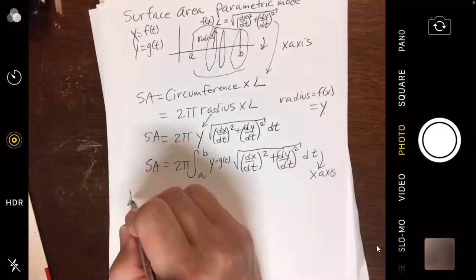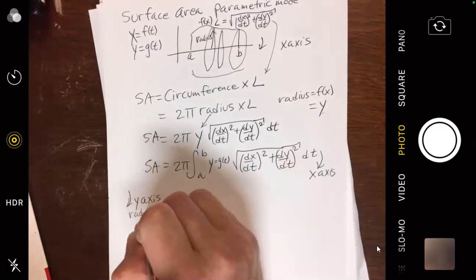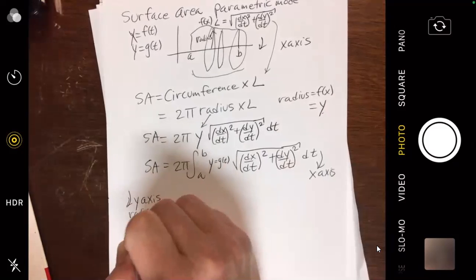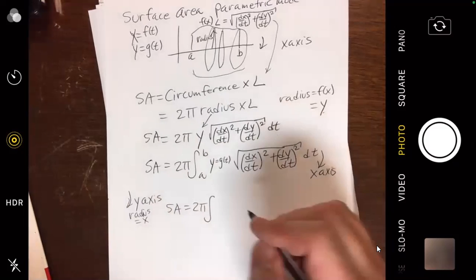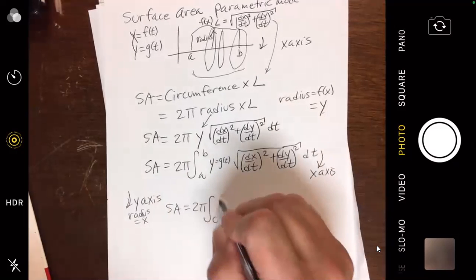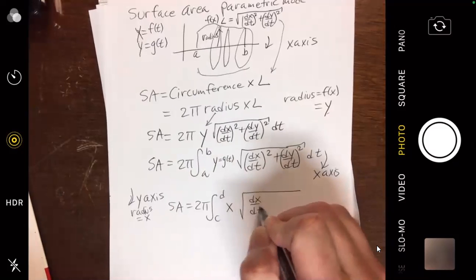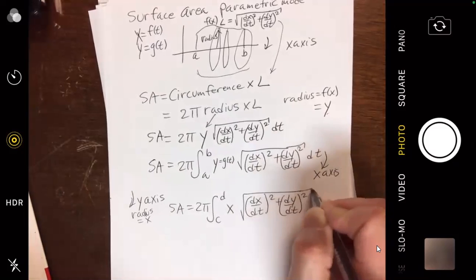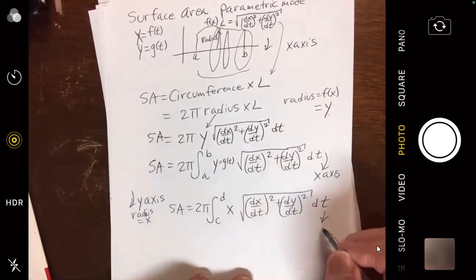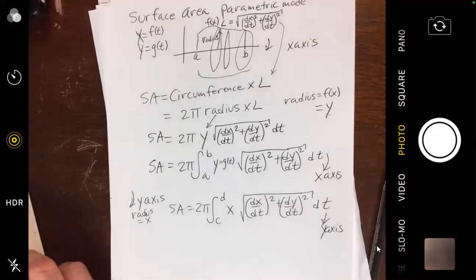And if I went around the y-axis, the radius equals x. So it becomes surface area, 2 pi integral of x, and then again square root of dx dt squared plus dy dt squared dt. Once again around y-axis. And that's what they're trying to show you on this gibberish right here.